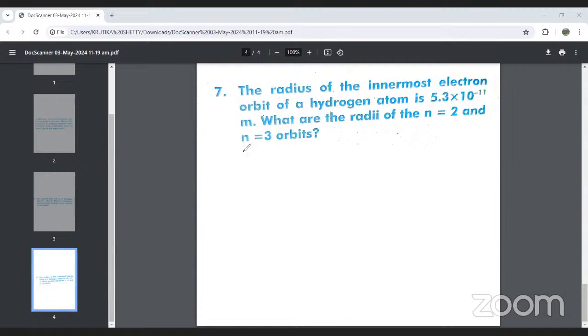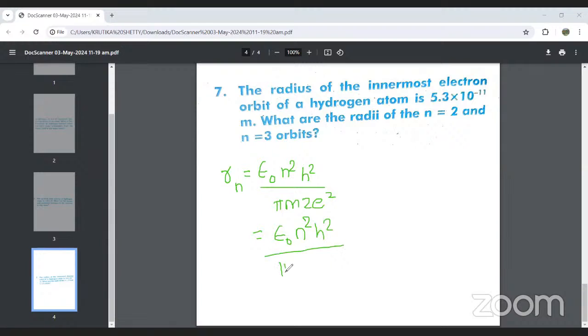Okay, so hope you remember we have discussed the radius formula: Rn is equal to epsilon naught n square h square upon pi m into z into e square. Here they are giving a hydrogen atom, so z is equal to 1.